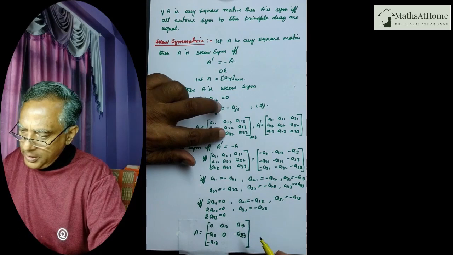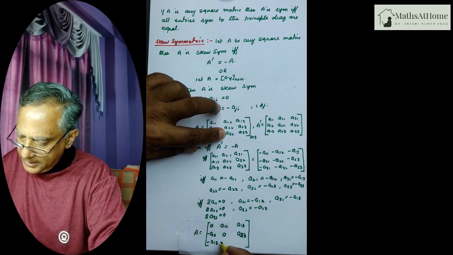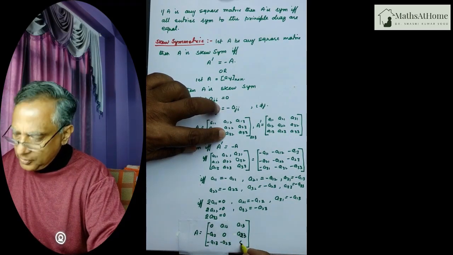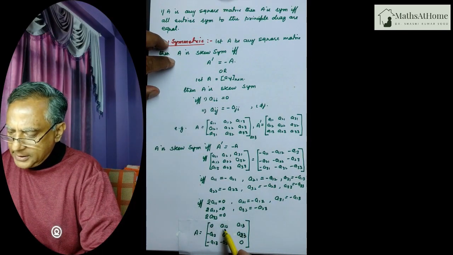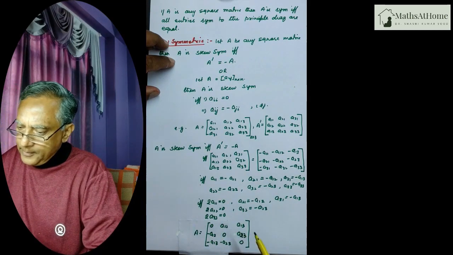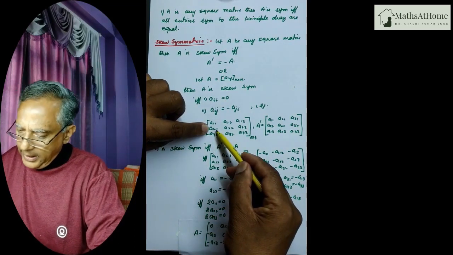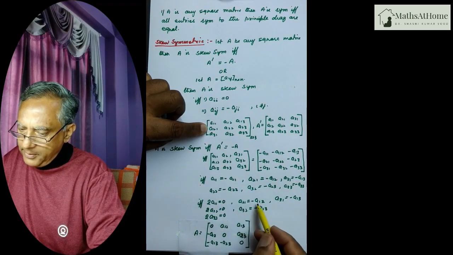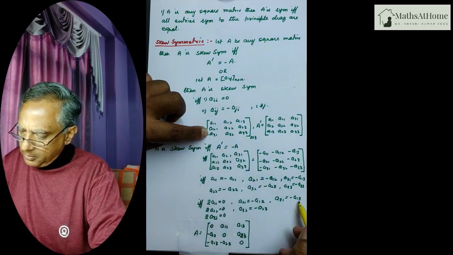And A32 can be written as minus A23, and A33 is 0. What we are doing here is, when the row index is smaller, we are not changing the entry, and when the row index is greater than the column index, we are replacing this entry using these results.